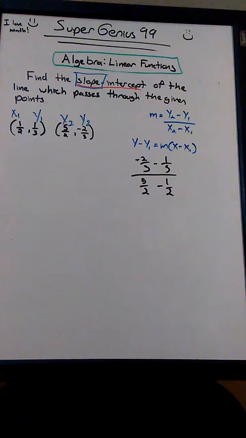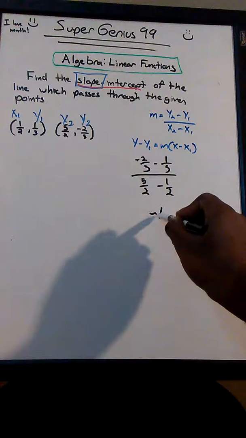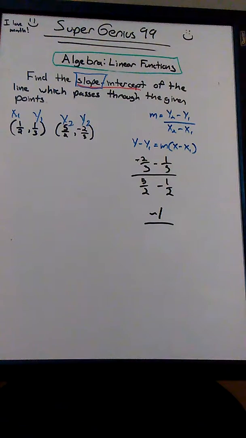Okay, so negative 2/3 minus 1/3 is what? Negative 3/3. And then negative 3 over 3 just reduces to negative 1.